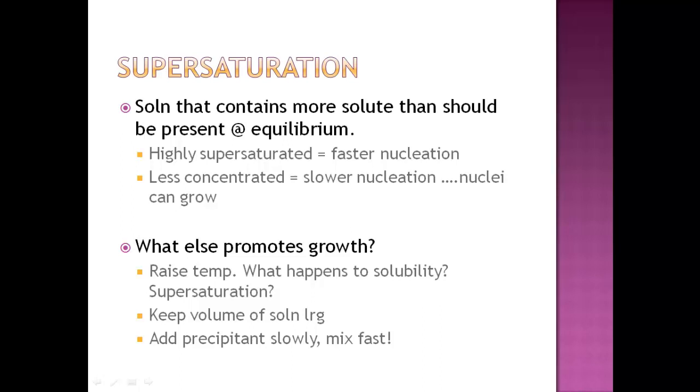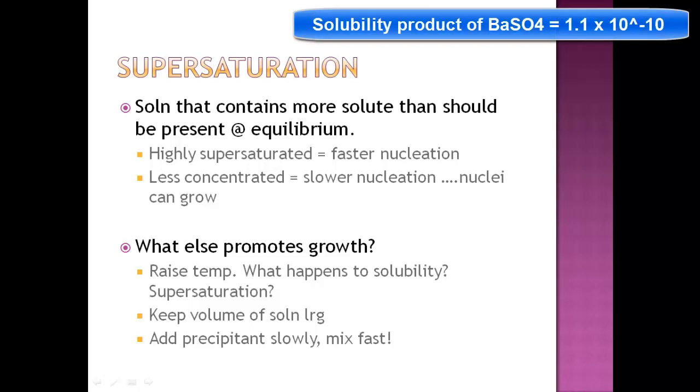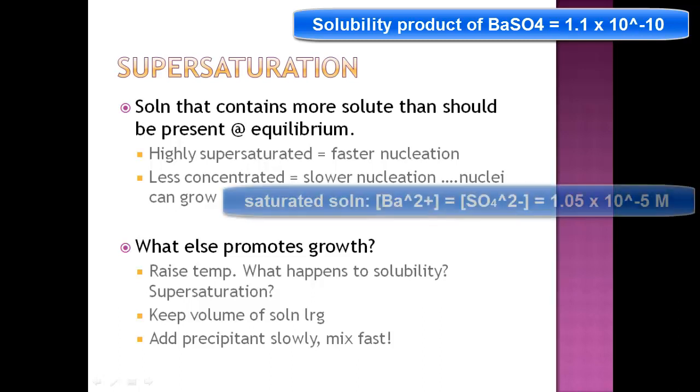As an example, your book tells you that the solubility product for, let's say, barium sulfate is 1.1 times 10 to the negative 10, okay? A saturated solution of barium sulfate contains 1.05 times 10 to the negative 5 molar of each of those ions, right? The barium ion and the sulfate ion.